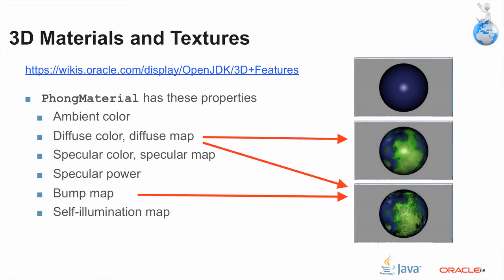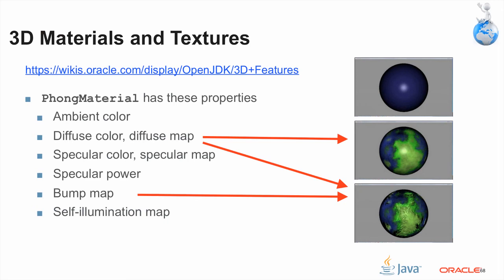The material has various different properties. We've seen that we can have a diffuse color, but we can also have a diffuse map, and that's simply an image that is wrapped on the surface of a shape. Then we also have a bump map, which is an image that appears to have bumps in it.